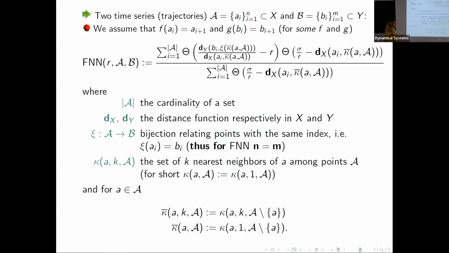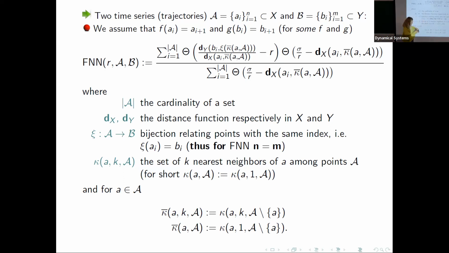We look for its nearest neighbor in the same trajectory, so the other point which is the closest to it. And then, in the simplest case, you can just consider the bijection, by matching the same indexes in one trajectory and the other.